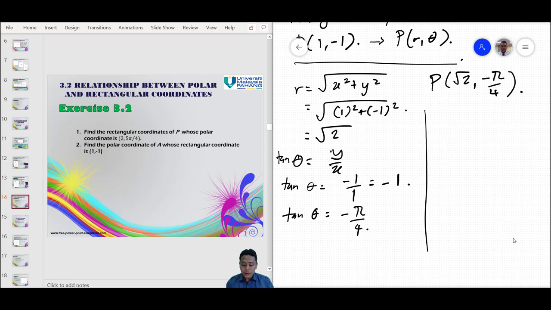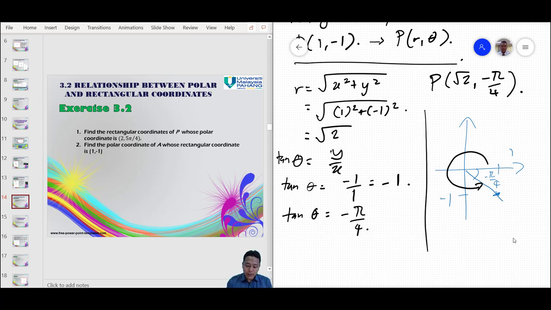Okay, so let's visualize a little bit. 1, negative 1. So this is the point. This is negative pi over 4. If you want to read this in the normal positive angle form, you can take the whole circle 2 pi and then minus pi over 4.